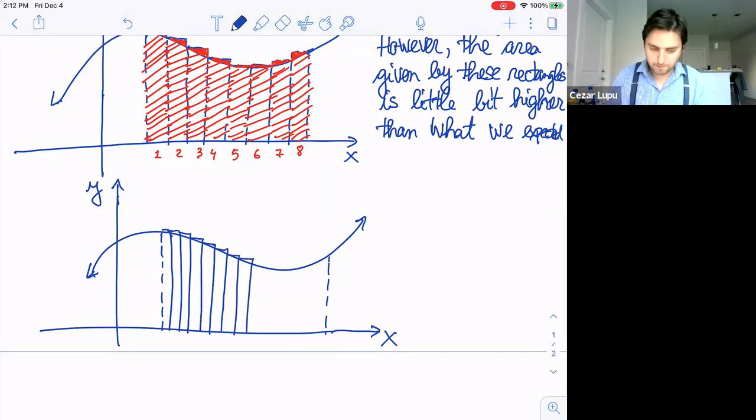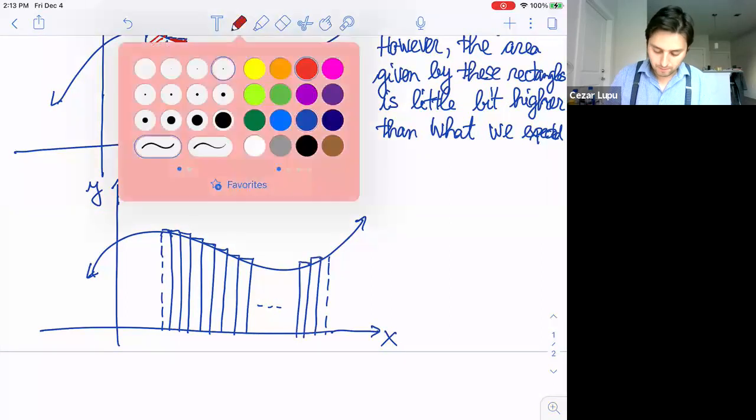And we keep going until we have something like this, and so on.